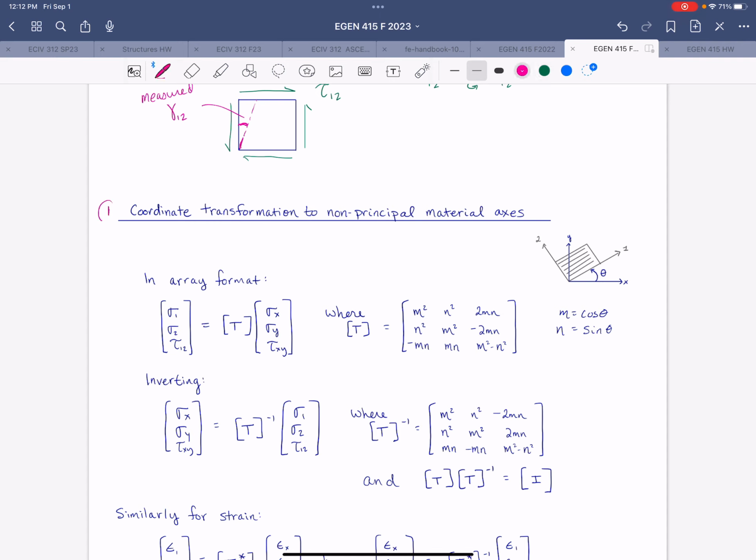So the first step is to transfer the coordinates from whatever you have to the non-principal material axes. And remember that stress transformation is based on equilibrium.